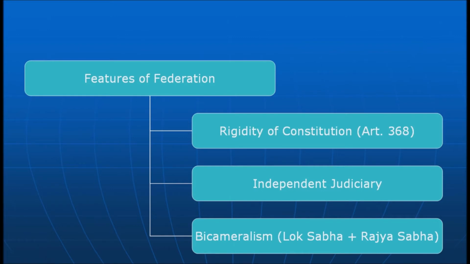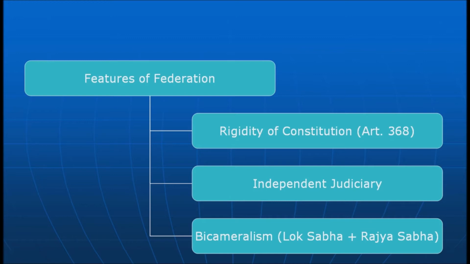Next is independence of judiciary. In our country, the judiciary is independent of the legislature as well as the executive. Next is bicameralism. Bicameralism means the presence of two houses in the parliament. Our parliament comprises the Lok Sabha as well as the Rajya Sabha.